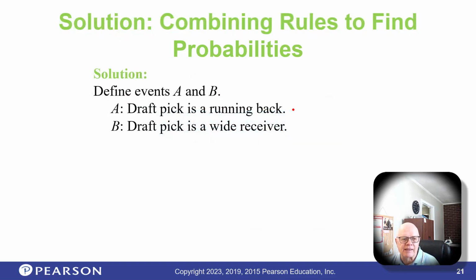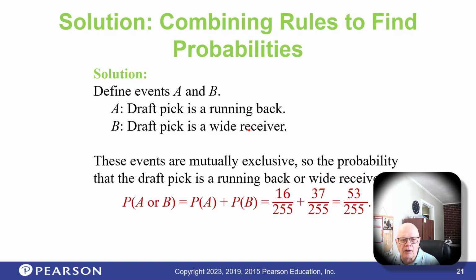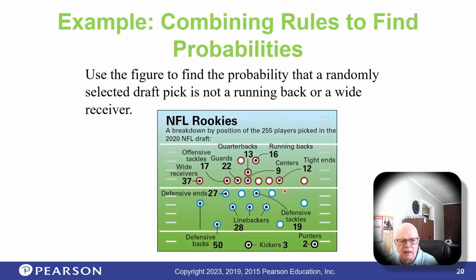So here are the events. One event, we're picking a running back. Second event, we pick a wide receiver. They're mutually exclusive and made that way, so the probability is the probability of a running back. There were 16, if you want to look at that again. 16 running backs. Where are they? Back here. 16 running backs.